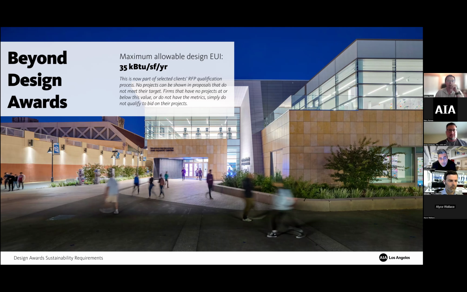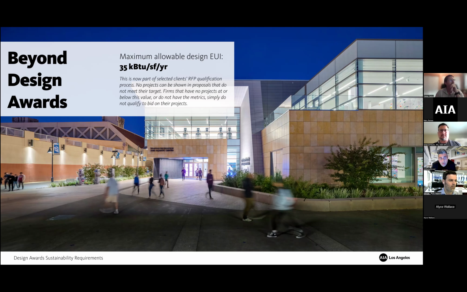They go beyond that by saying, when you put together your pitch, your quals deck that demonstrates your experience, they didn't want to see any projects that were above that kBTU per square foot per year as a building performance value. They told us if we don't have the number, we don't qualify to bid on their work. If we don't have any projects that meet that number, we simply do not qualify to bid on their work.